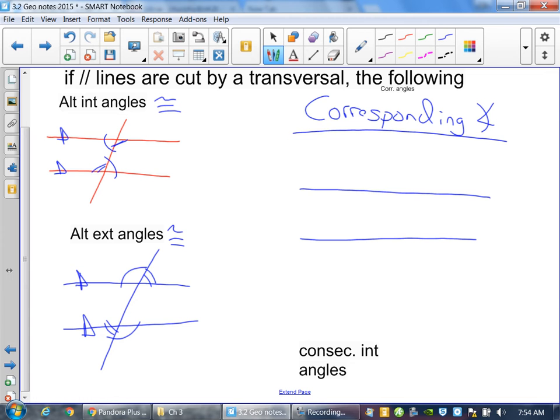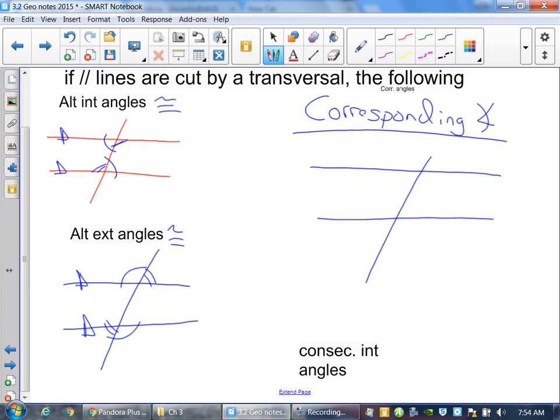Sounds weird, but when you look at it, if I have these, put this up a little bit, and I number them. Forgot to go in order.